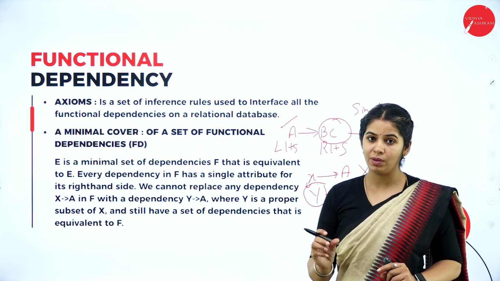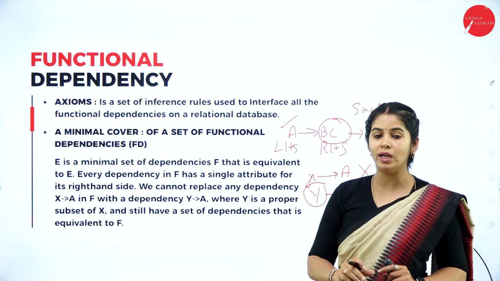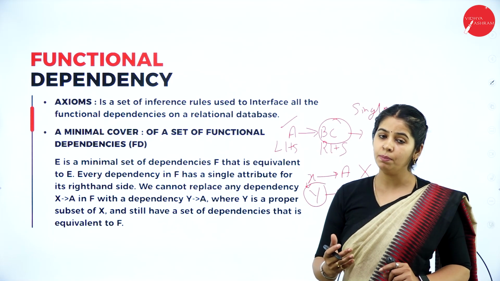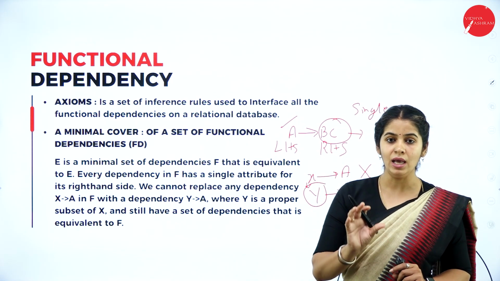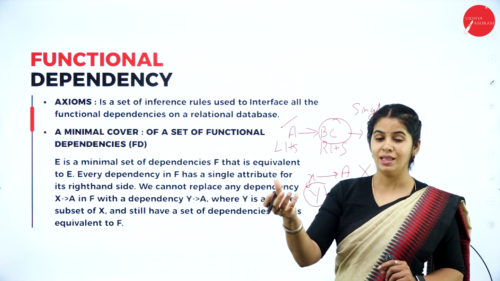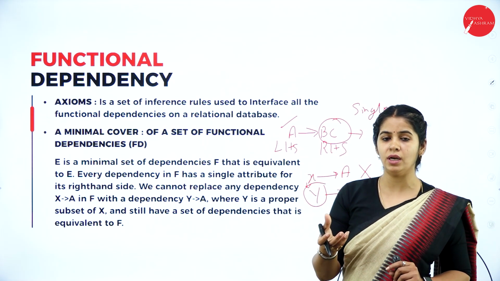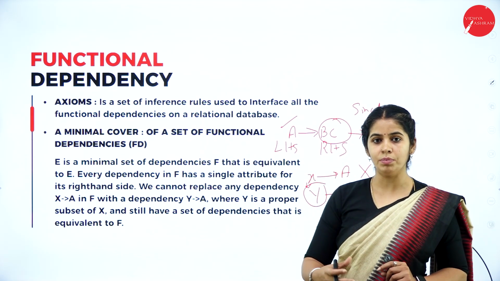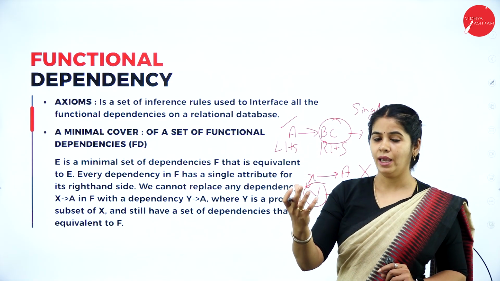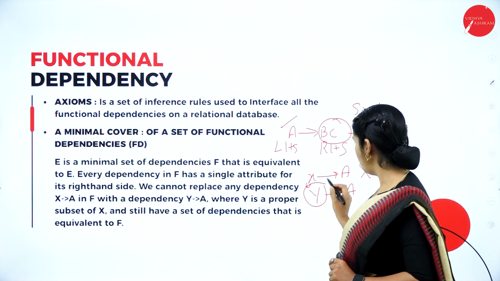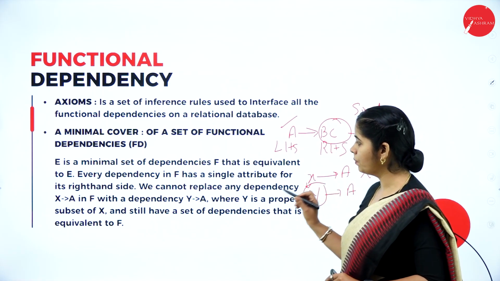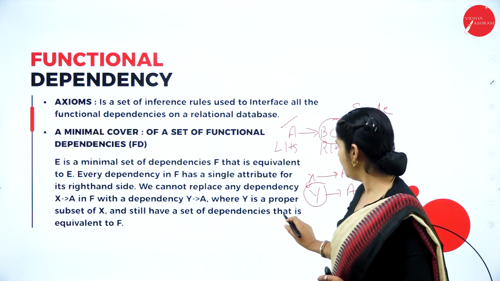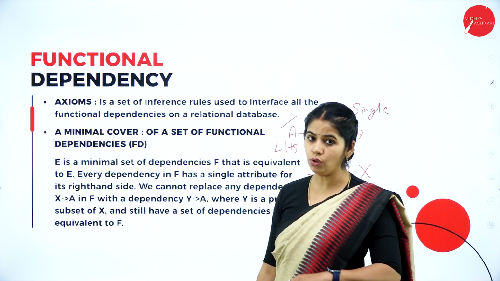Subset means some of the values of X are present in Y. For a proper subset, all the values of Y are present in X, but X is not equal to Y. So it should not be the same, and we still have to get a set of dependencies that is equivalent to F.